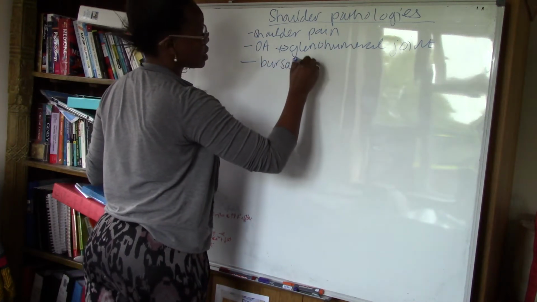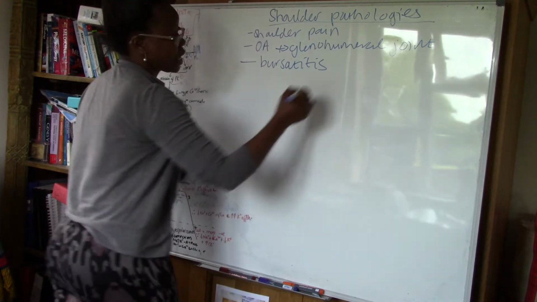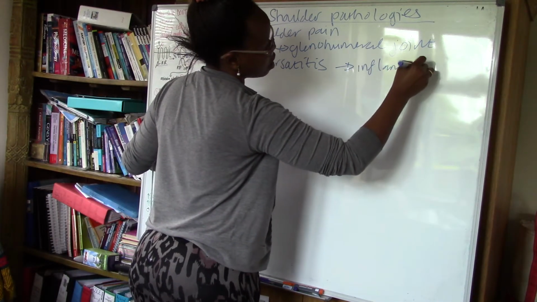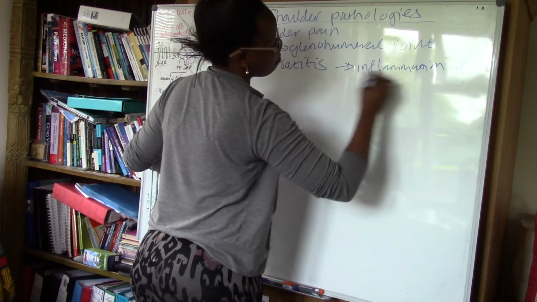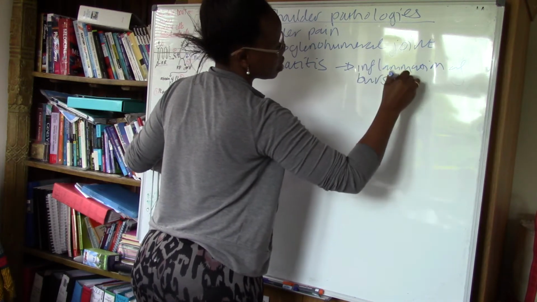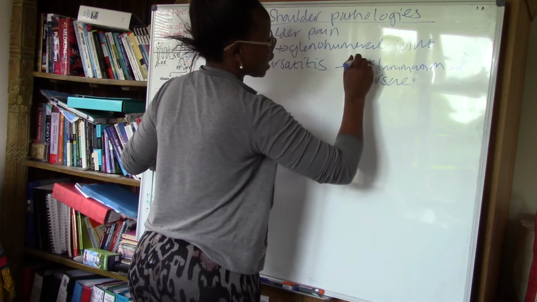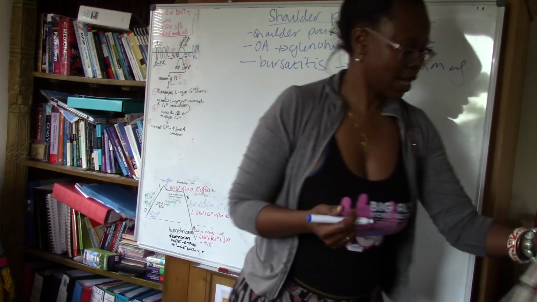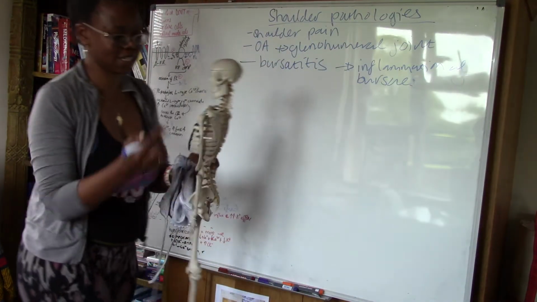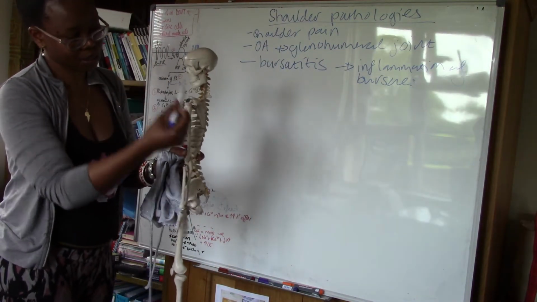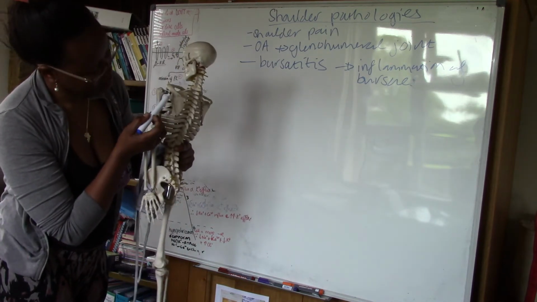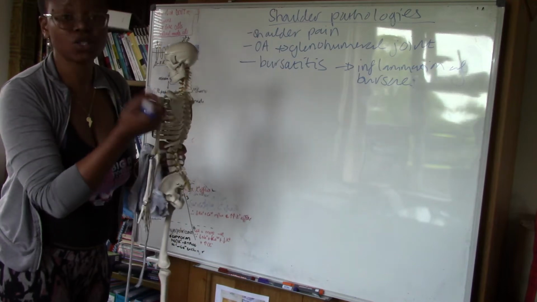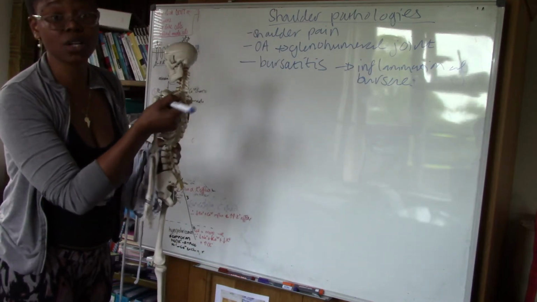Bursitis, which again is due to inflammation of bursas. Again, in the shoulder region, we have an acromion bursa, which just lies just under the acromion there, and it also extends into the deltoid.